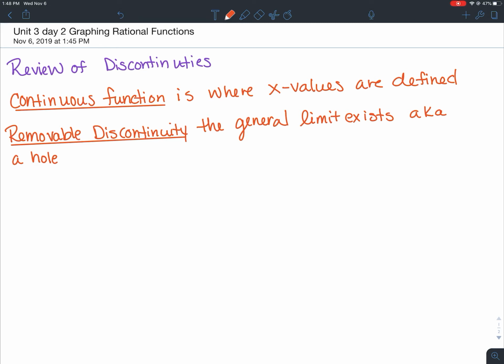And so general limit, remember that it has to approach that hole from both sides in order to be a removable discontinuity.